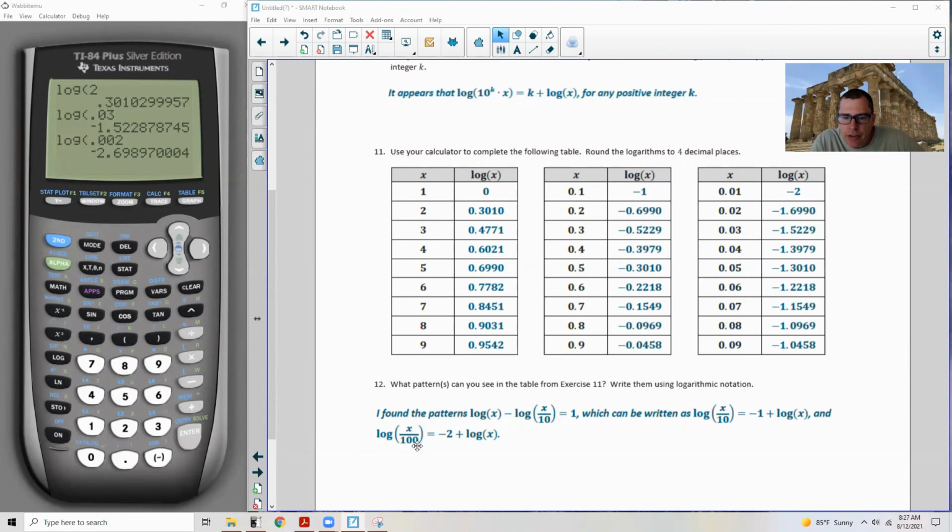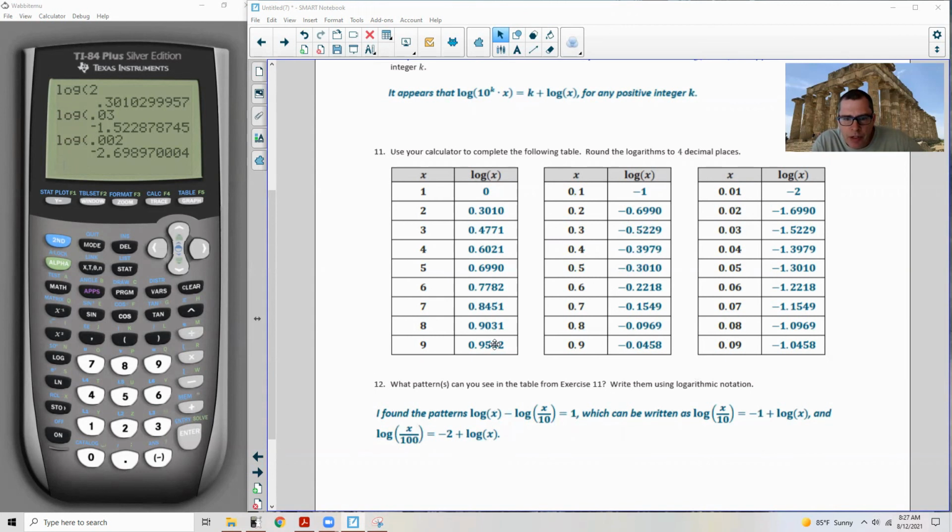And log of x over 100 equals -2 plus log of x. So x over 100 is right here. Well, the log of x is 0, so this is -1 plus 0, and this is -2 plus 0.